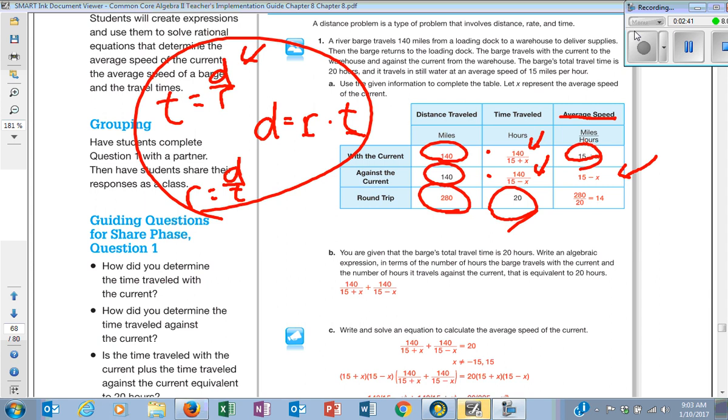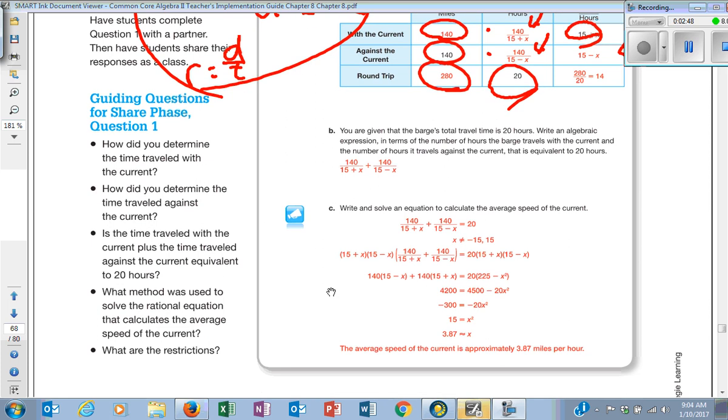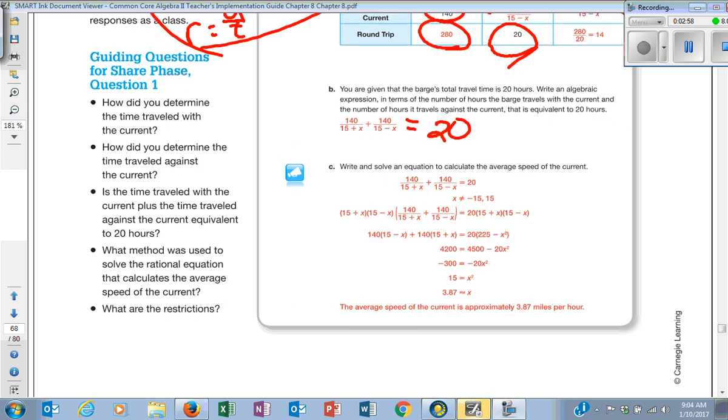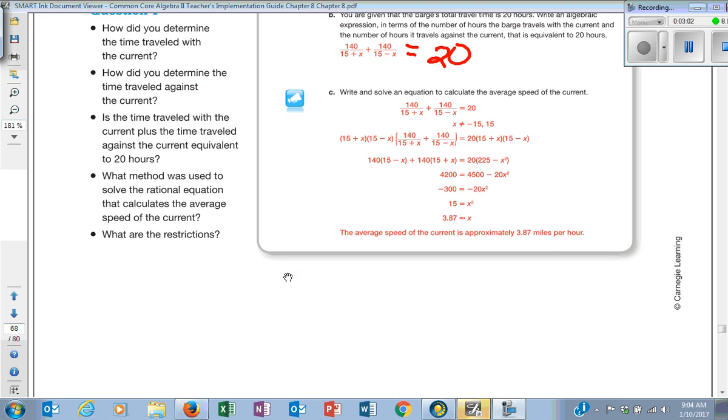So if we wanted to figure out how fast the current was going, if we add those together, we know that these together was a 20-hour trip. And so then again, you get this when you add those together. We know some restrictions happen.